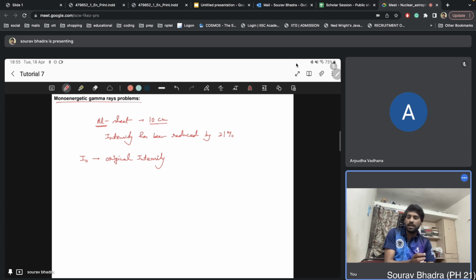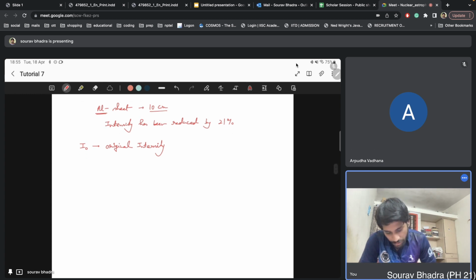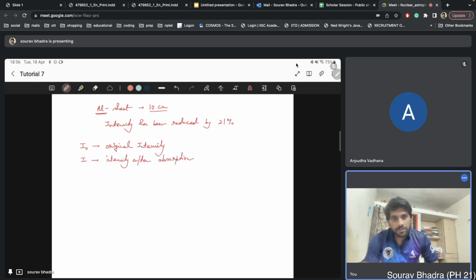So what will be the absorption coefficient? How can we calculate that? So I0 is the original intensity, and I is the intensity after absorption.